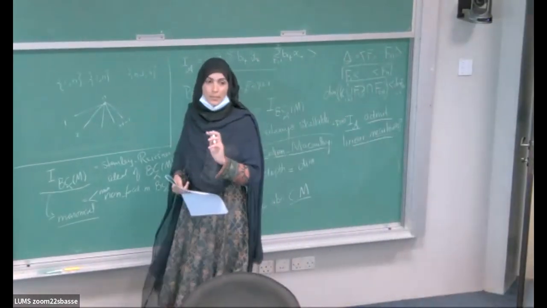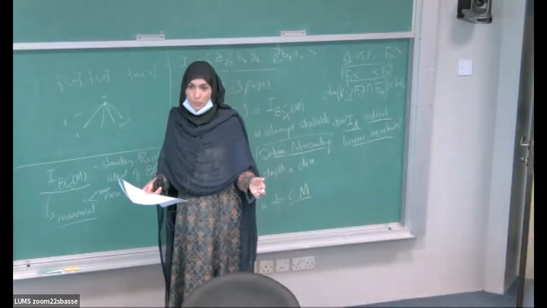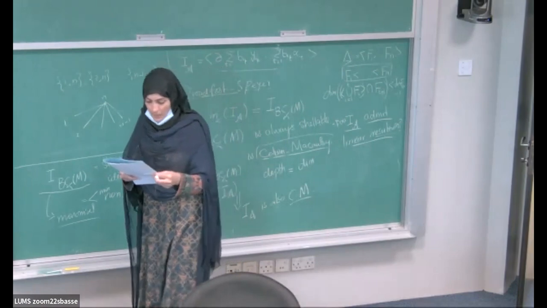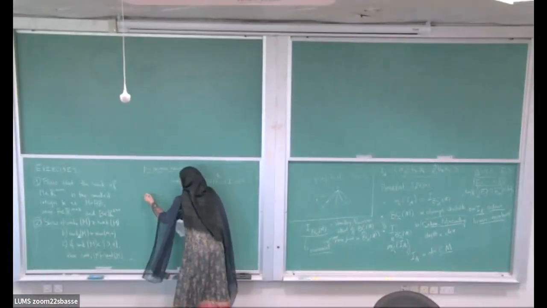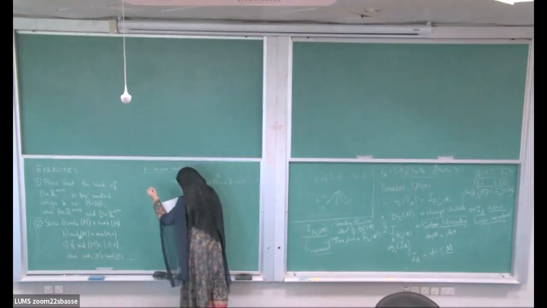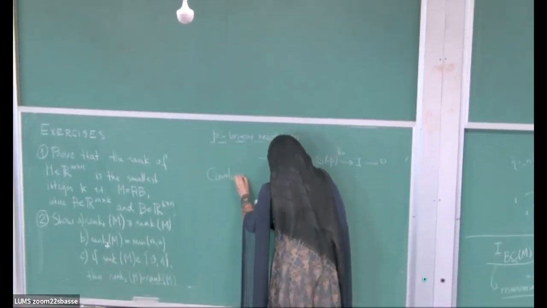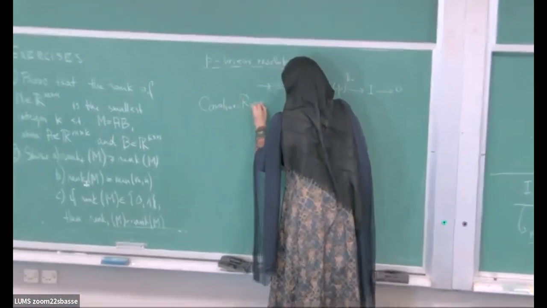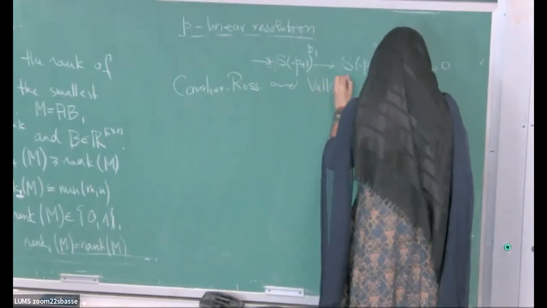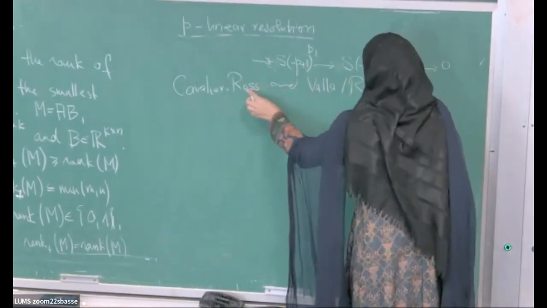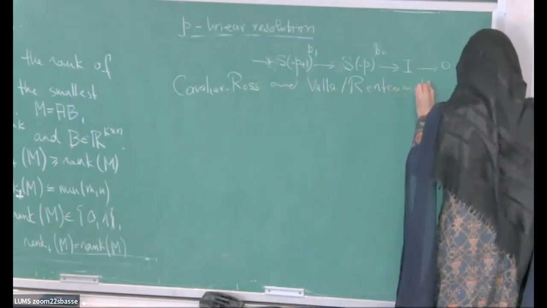I will write a result which holds generally for monomial ideals, or actually graded ideals, which are Cohen-Macaulay. This result is by Vale and independently by Venkaria and Villara.